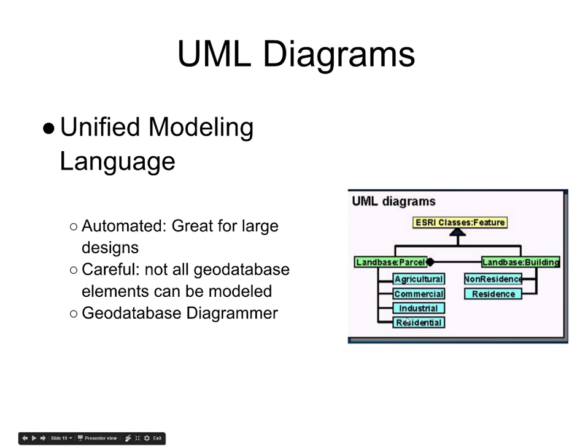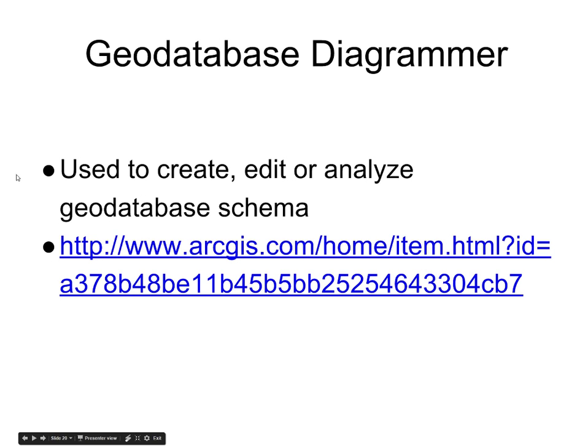This is an example of one. To use something like this, you do need a unified modeling language program like Microsoft Visio. There is the Geodatabase Diagrammer that uses Visio to create, edit, and analyze geodatabase schema. You can learn more about it here, but know that it's really best for large designs, and you do need Visio to use it.